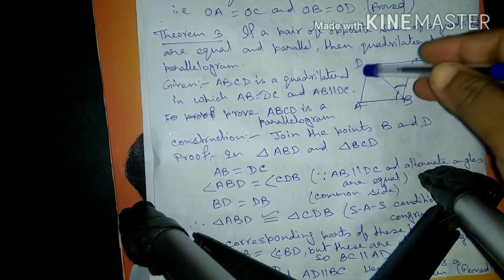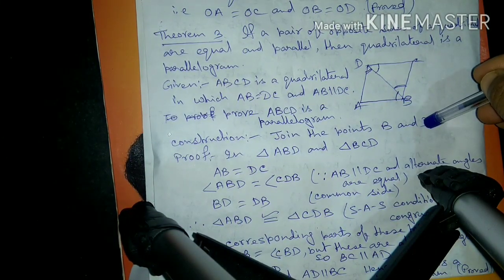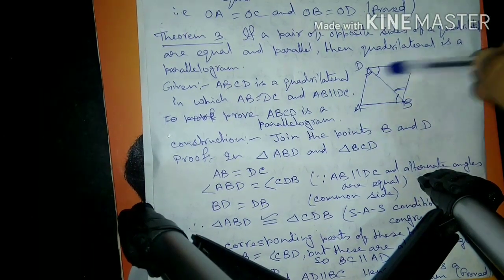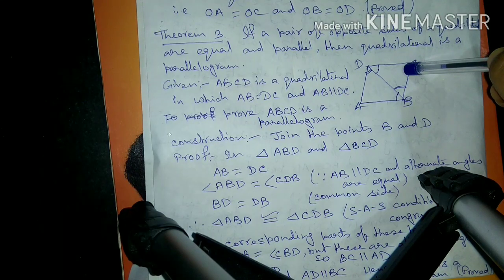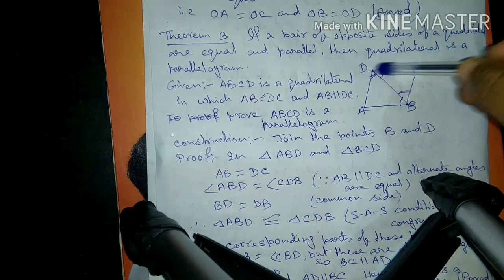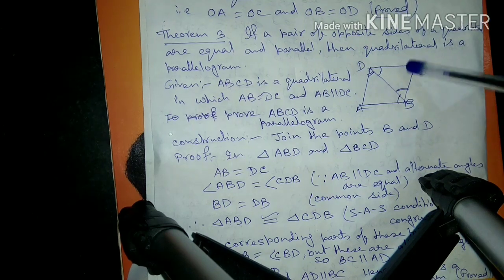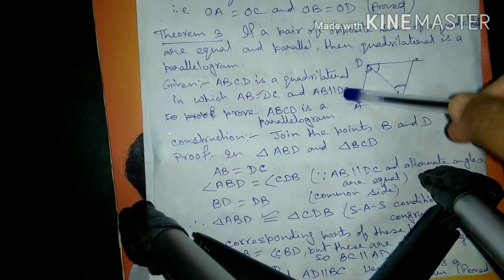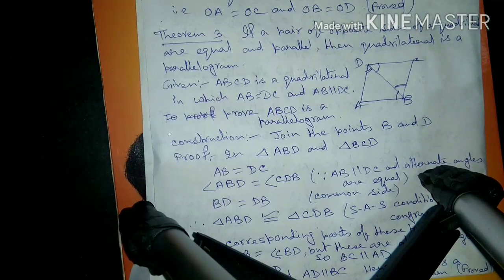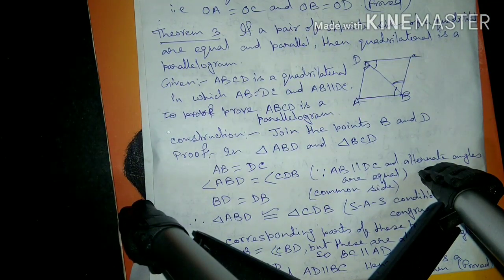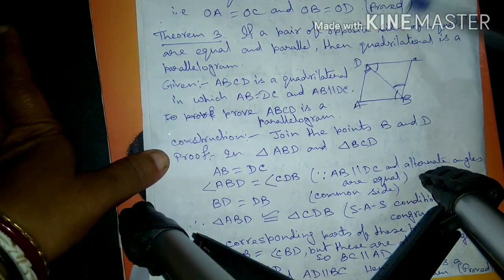Alright. If B and D join, that means this is a diagonal. Yes or no? So now, what are the two triangles you can see in the figure? ABD and BCD. Yes or no? So if we can prove that these two are congruent, automatically AD equals BC will come. Yes or no? Angles also will come equal. So ABD and BCD, compare this.